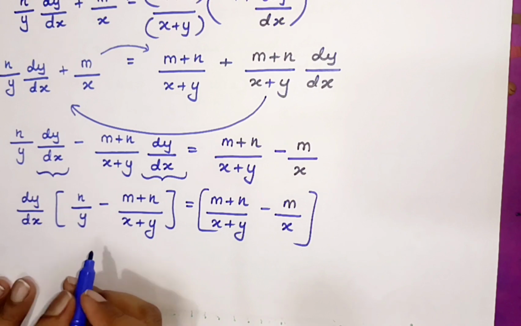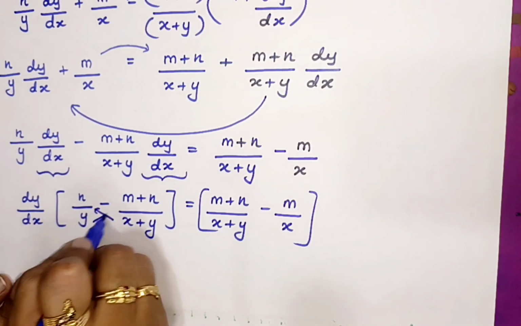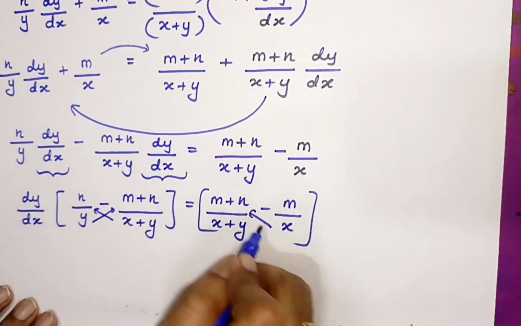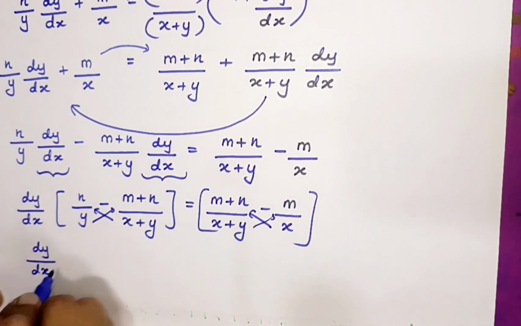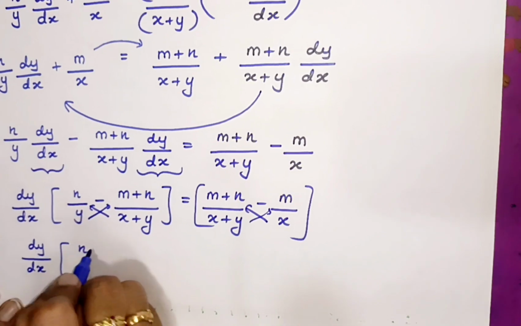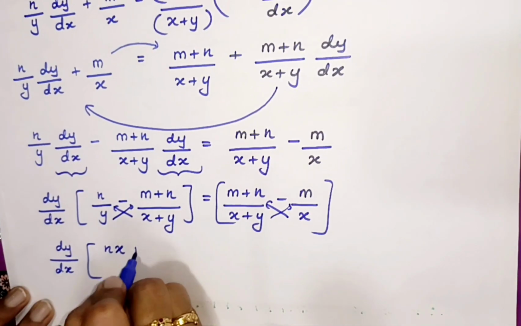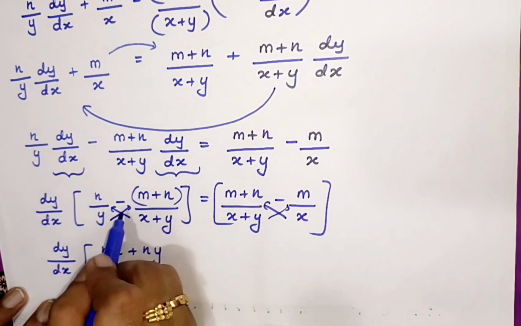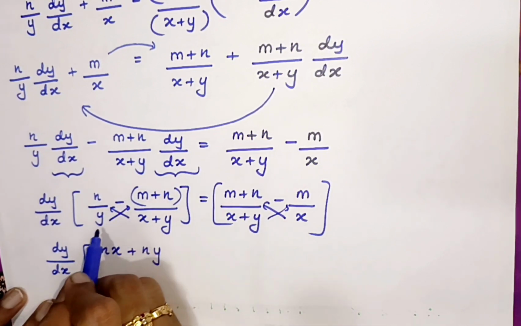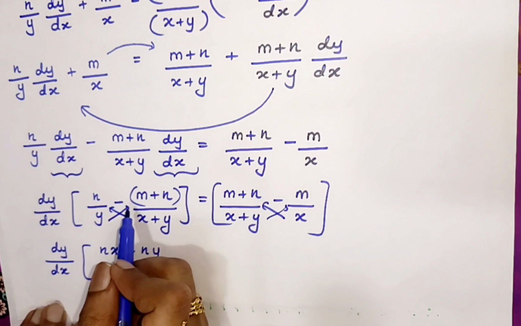Now, what shall we do means, we have to multiply all these terms. Here also we have to multiply all these terms. So, dy by dx, that one into, while we are multiplying, nx plus ny, okay? Then we are having this minus for both of these terms. So be careful about the minus sign in front of these terms.